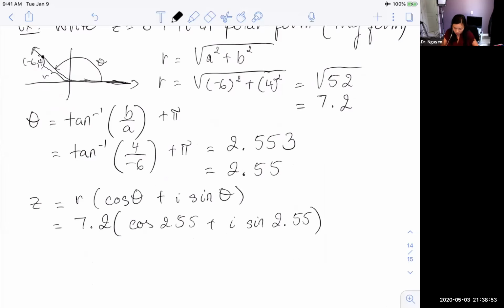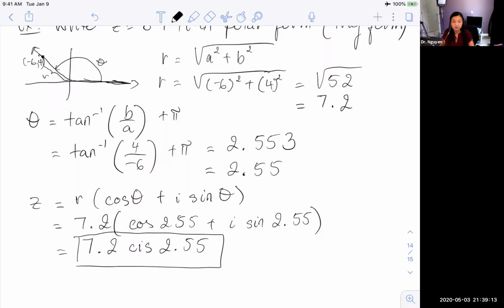And if you want to be lazy, you can write it this way: 7.2 cis 2.55. Then we understand it's going to be cosine 2.55 plus i sine 2.55. So that's our final answer.